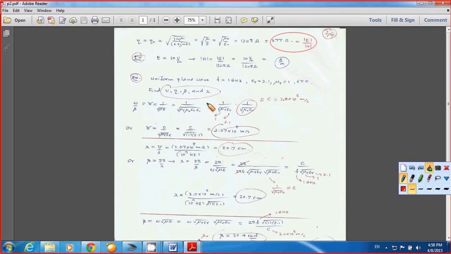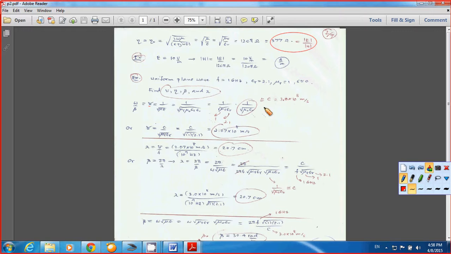Okay, let's start with the velocity. You know that velocity equals omega over beta, and your beta is equal to omega square root mu epsilon. So your omega cancels out, and you have mu equal to mu r mu 0, epsilon equal to epsilon r epsilon 0, and I can split this term, and 1 over square root mu 0 epsilon 0 simply becomes c, or about 3 10 to the 8 meters per second.